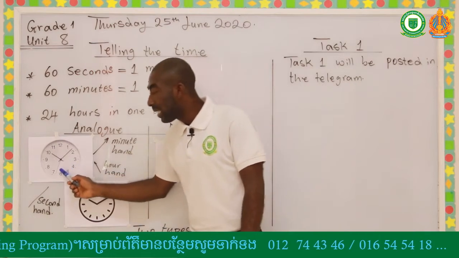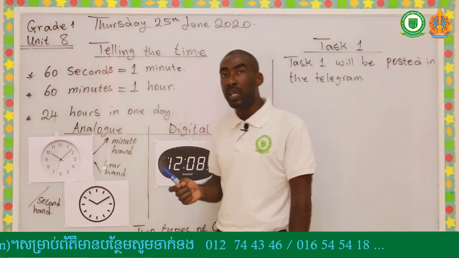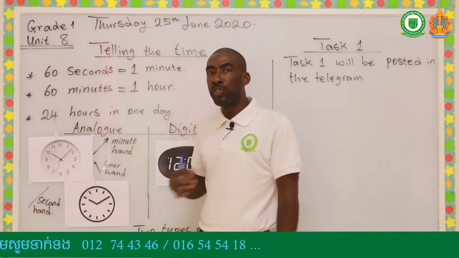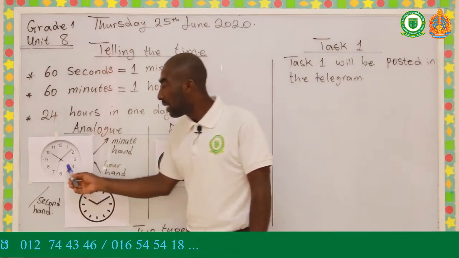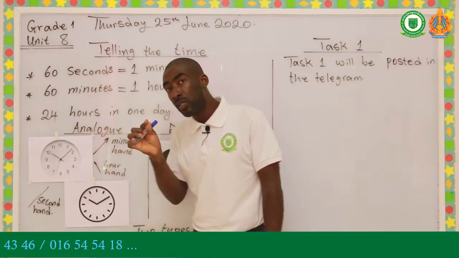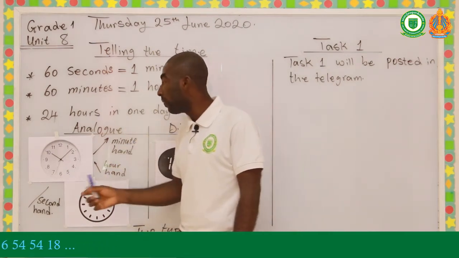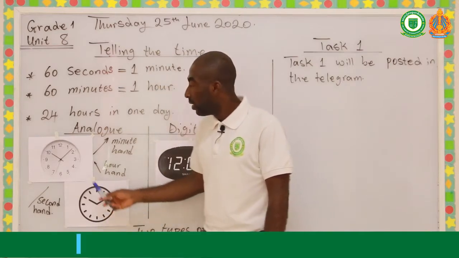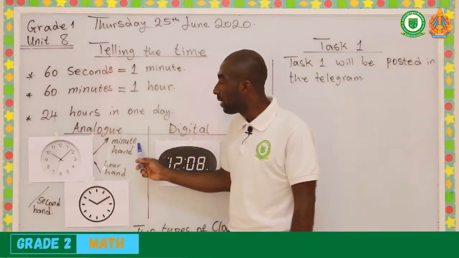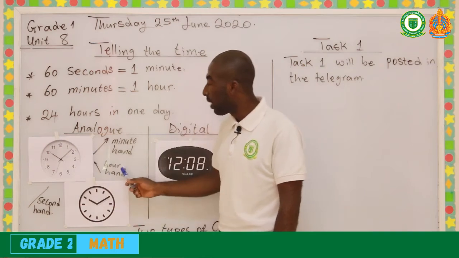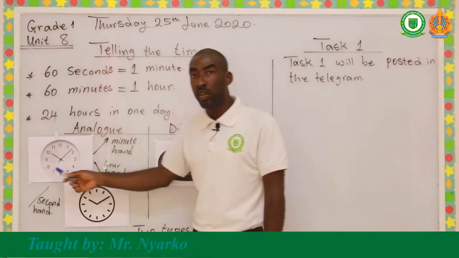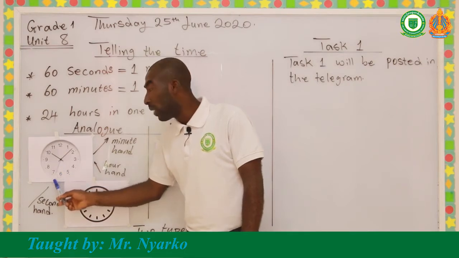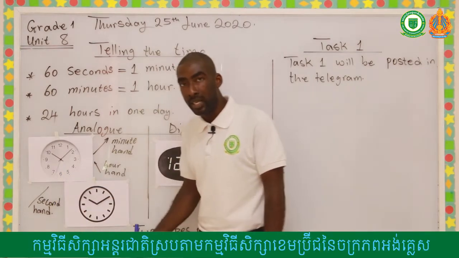And then the slim one, normally either red or blue, or it can also be black, is the longest and the smallest. It's called the second hand. So we have the minute hand, the long one, the hour hand, the short one, and the tiny long one called the second hand.